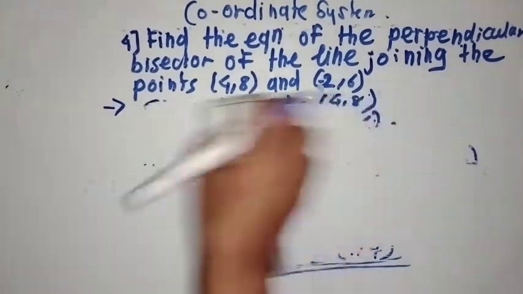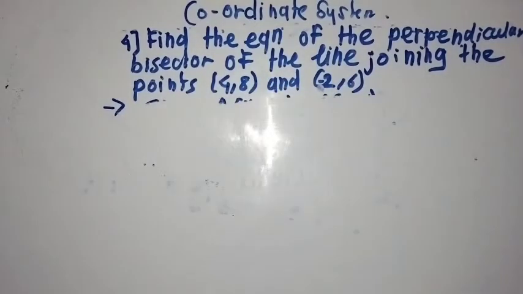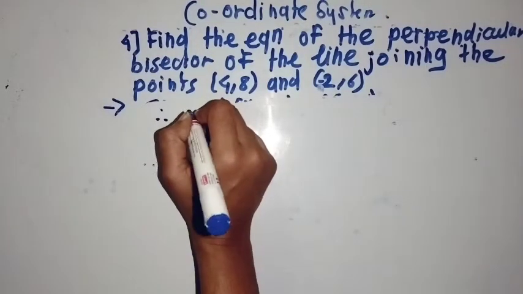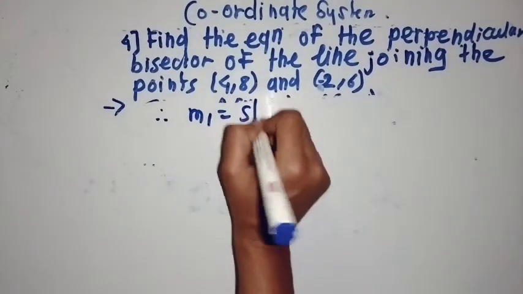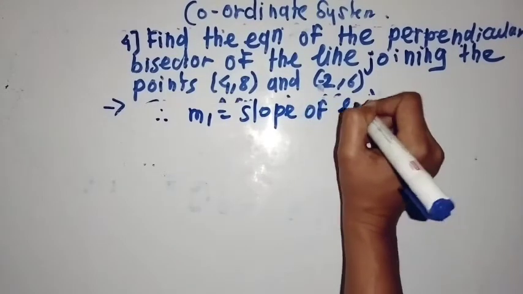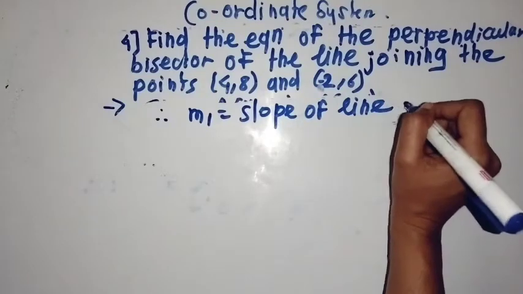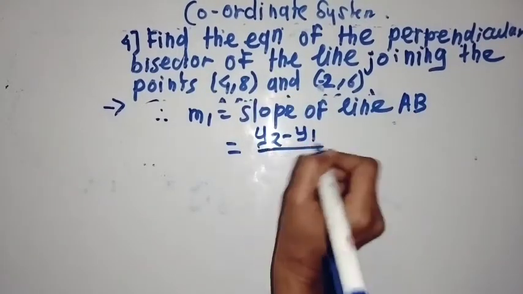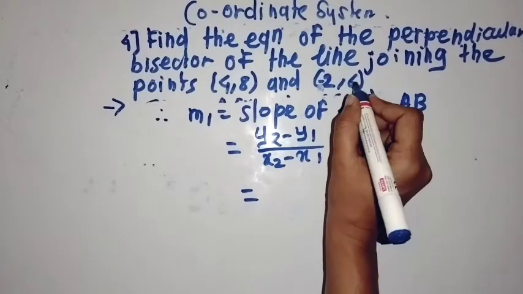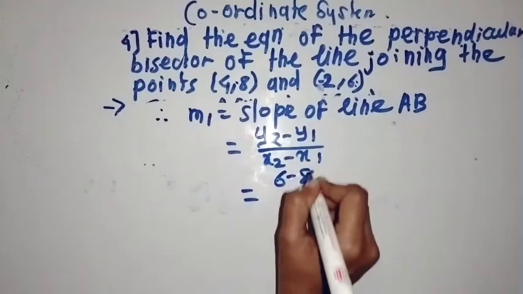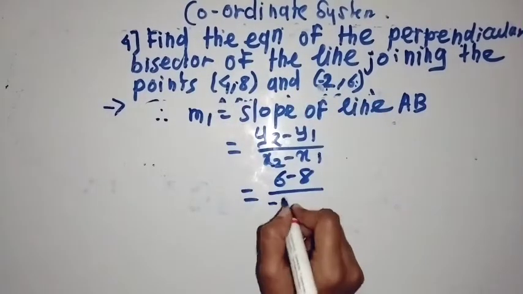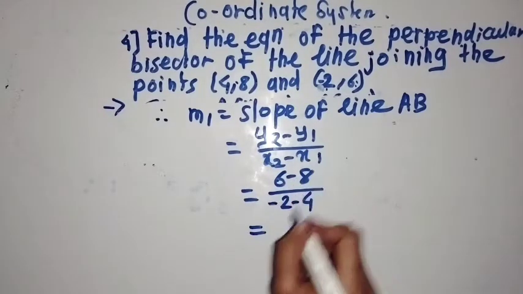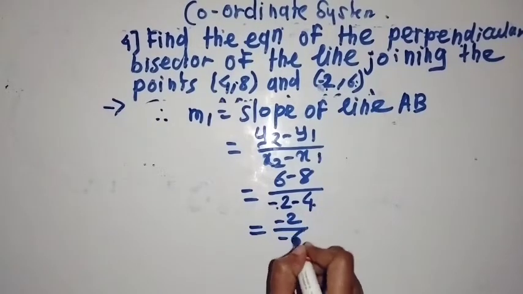Then let m1 and m2 be the slopes of the lines. First, m1 is the slope of line AB, which is y2 minus y1 upon x2 minus x1, that is, 6 minus 8 upon minus 2 minus 4, which is minus 2 upon minus 6.